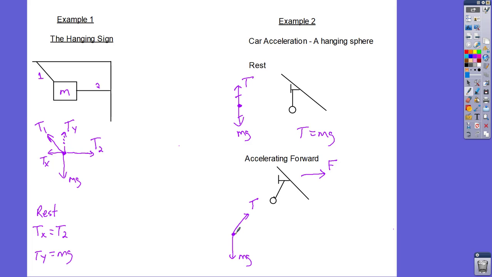So we're going to think of those components, Tx and Ty. And when it comes to the state of motion, what I really wanted was acceleration there.